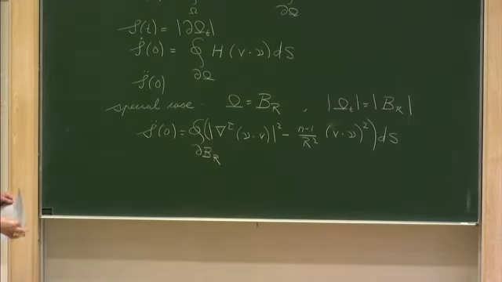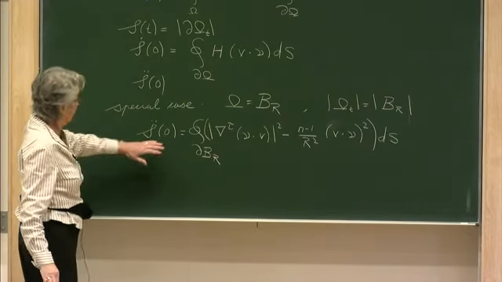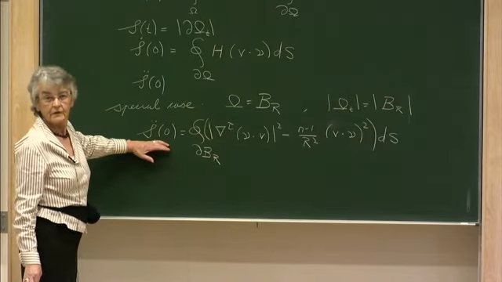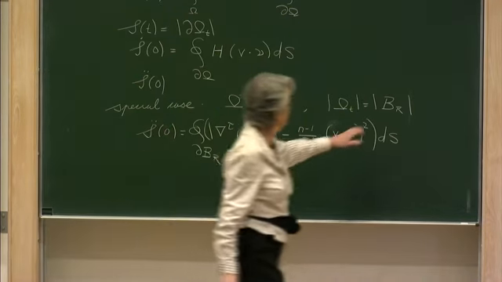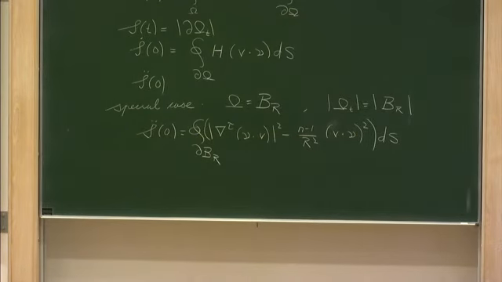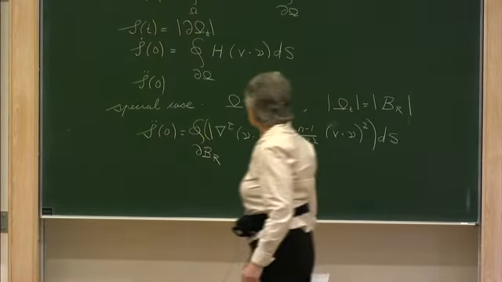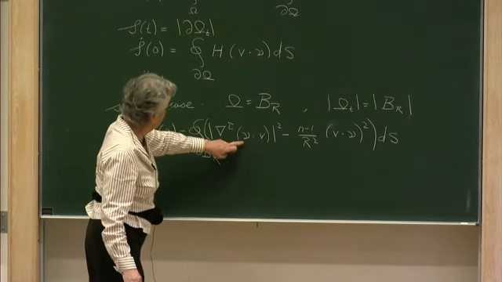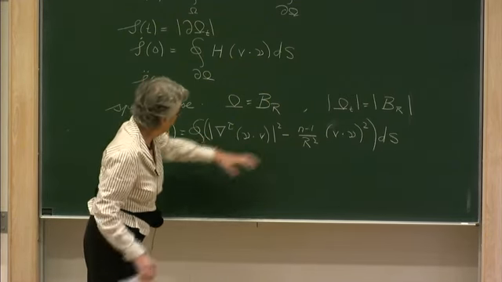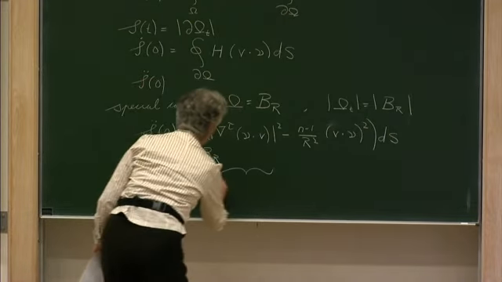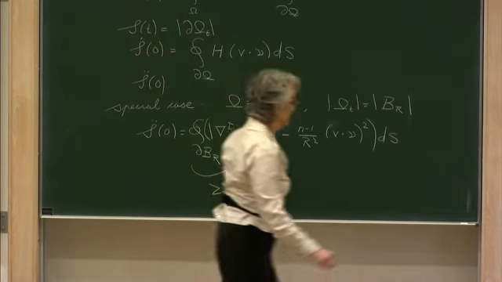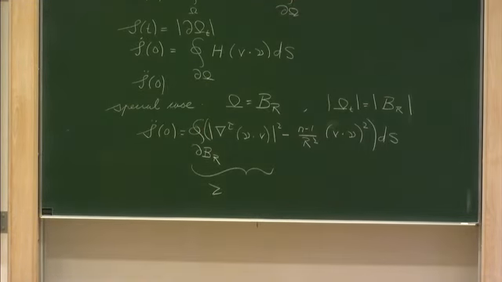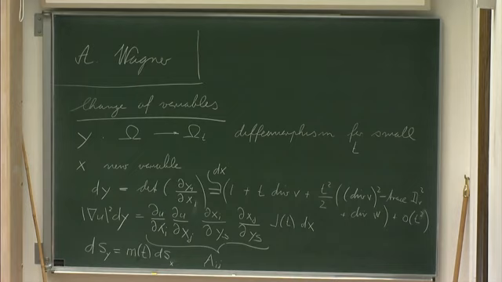By the isoperimetric inequality, we know that this should be positive because the ball has the smallest surface. This is the case because this expression is bigger than the second eigenvalue of the Laplacian on the ball, and we have this condition, this is 0.